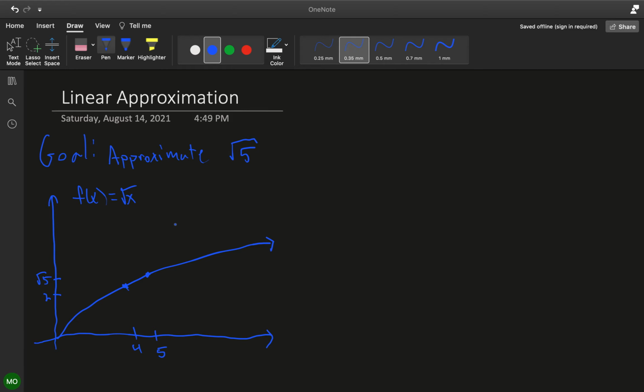So the idea here with linear approximation is we're going to be looking for a line that's going to give us a reasonable estimate for the value we're interested in. Here we're interested in the value of square root of 5. Now the reason we're using a line here is because of a property called local linearity.